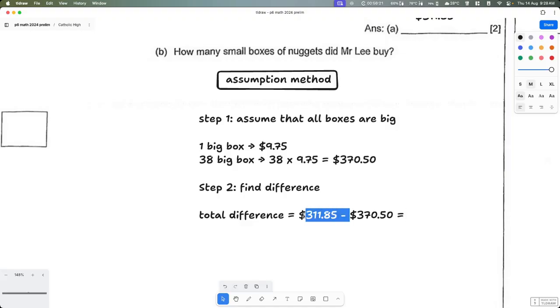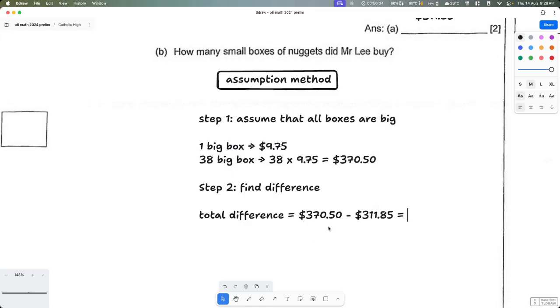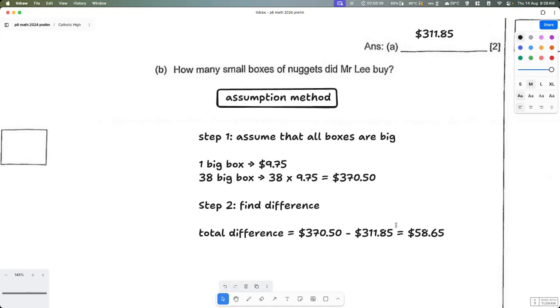So I mean, I have to subtract this instead. So in this case, 370.5 minus 311.85. This will give you $58.65. Okay, so that's the total difference.